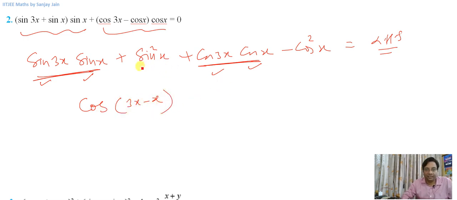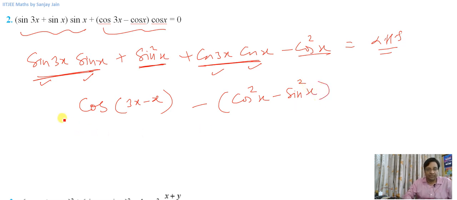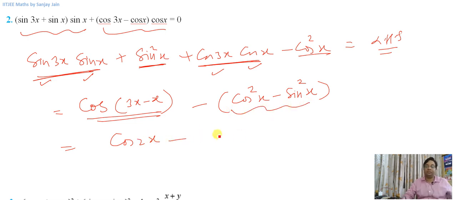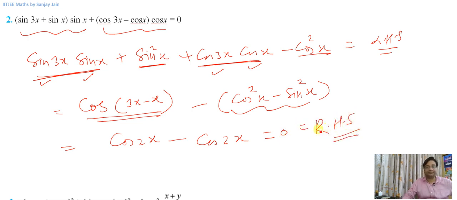And this expression sin squared x minus cos squared x can be written as minus of cos squared x minus sin squared x, so this is cos 2x, and this is also an expression for cos 2x. So cos 2x minus cos 2x will give you 0, which is your right hand side. The formula I applied here is cos of A minus B is equal to cos A cos B plus sin A sin B.